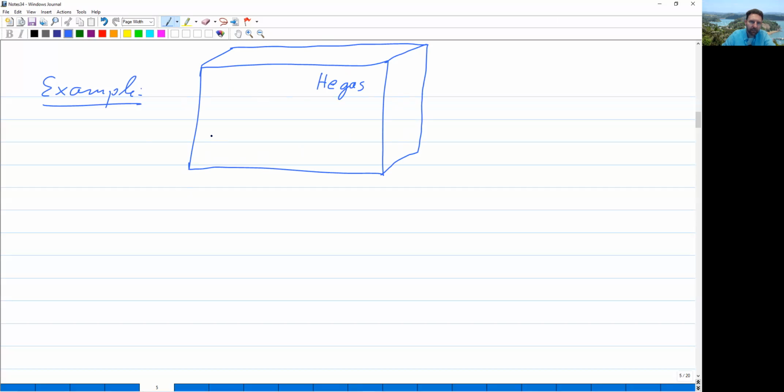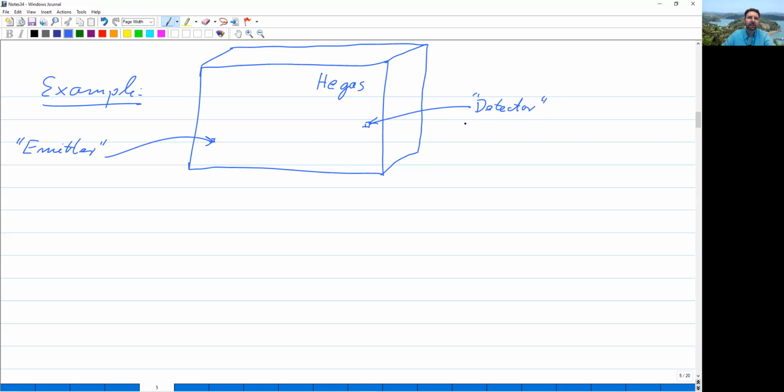And now imagine that in this box, we have a tiny little box, and that's our emitter. And then we have somewhere else in the box, let's say over here, another tiny little thing, and that will be a detector.